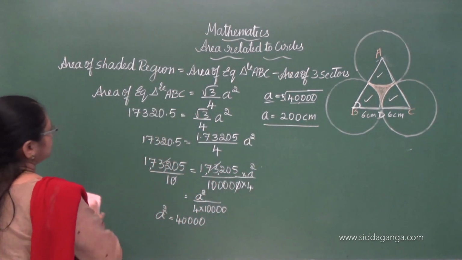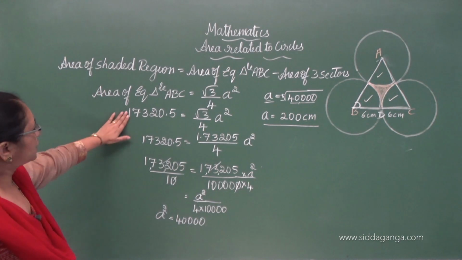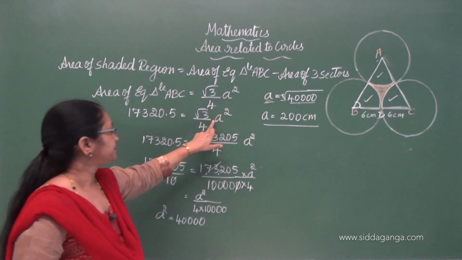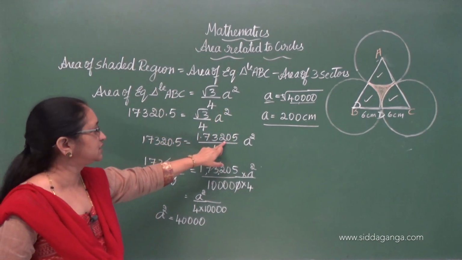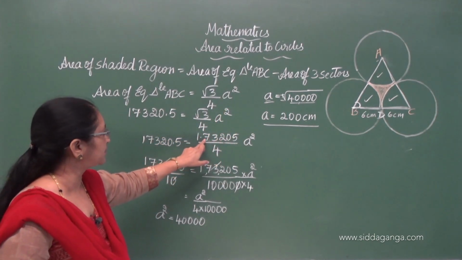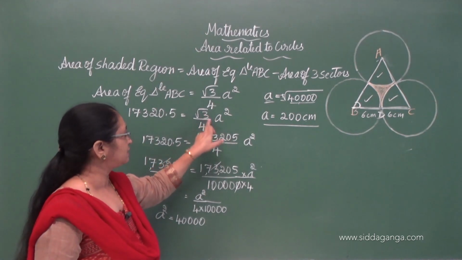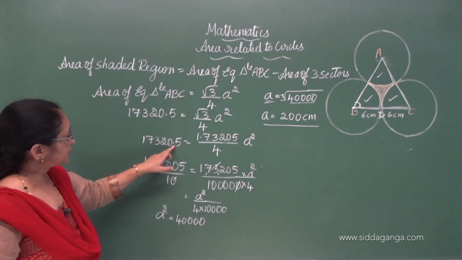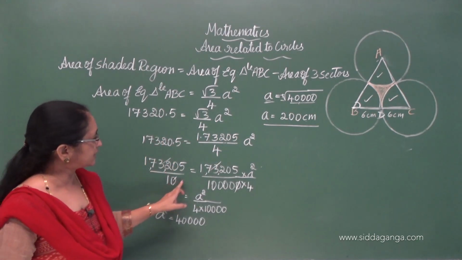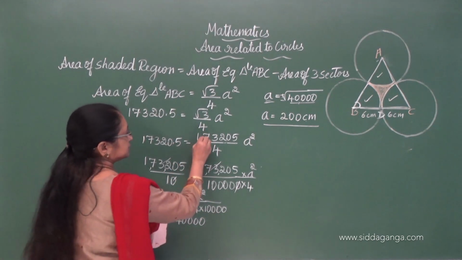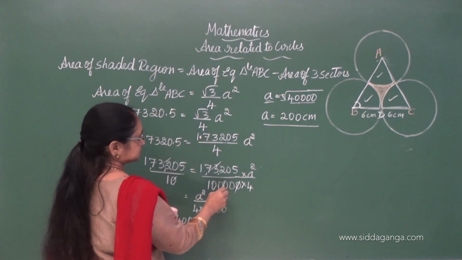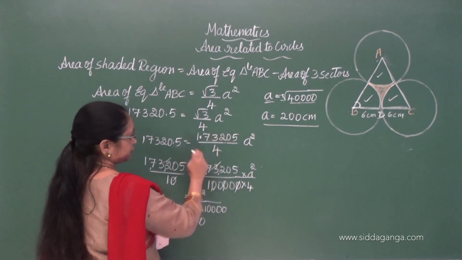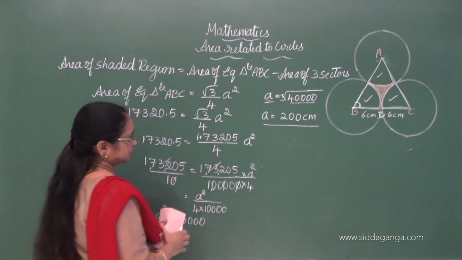Now, shall I rub this now? I hope you understood. By using the formula root 3 by 4 A square, and the root 3 value they have given in the question itself, that you have to use, 1.73205. I have used that, divided by 4 A square, and here to remove the decimal point I have divided it by 10, and here by 10 with 5 zeros, okay.